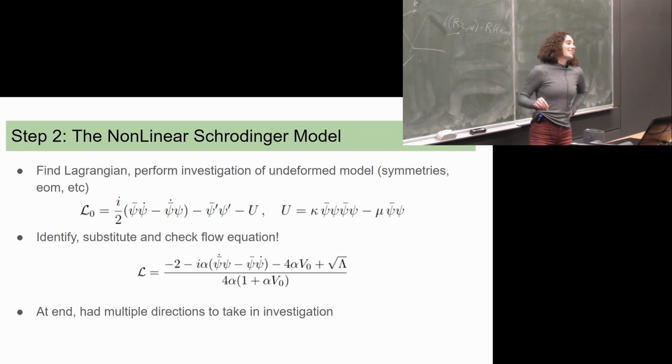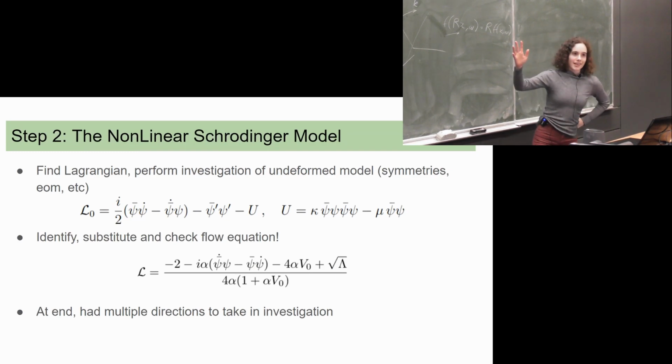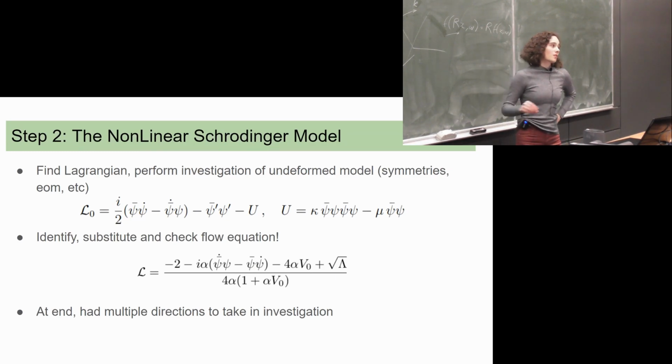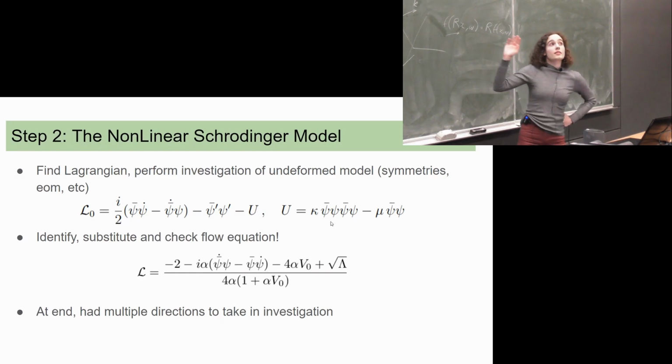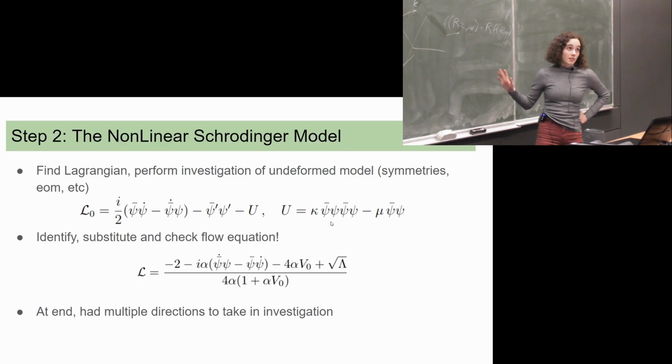After I did that, I could apply it to this nice model, the nonlinear Schrodinger model. It looks like the Schrodinger equation, except that you'd have your potential depending on your coordinates, but in this case it's depending nonlinearly on the fields.